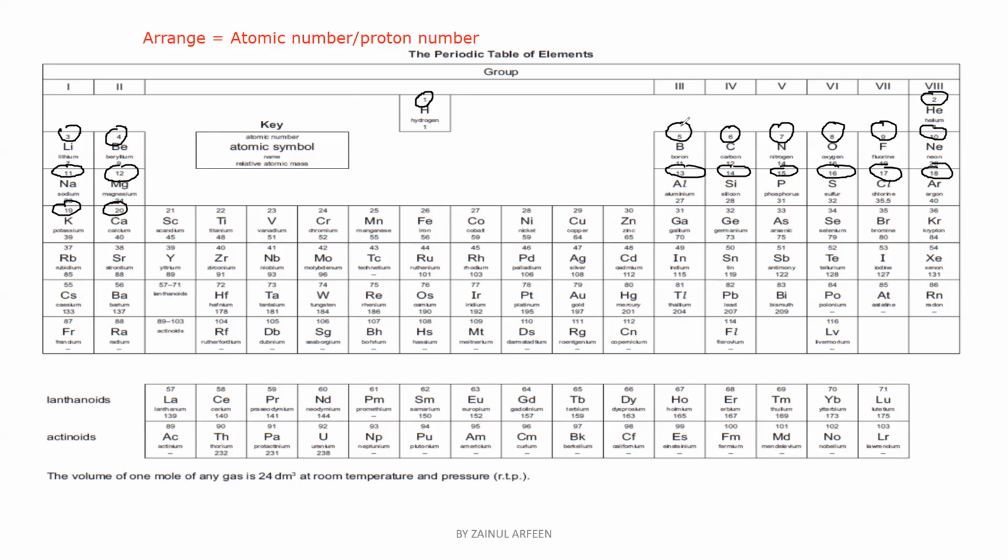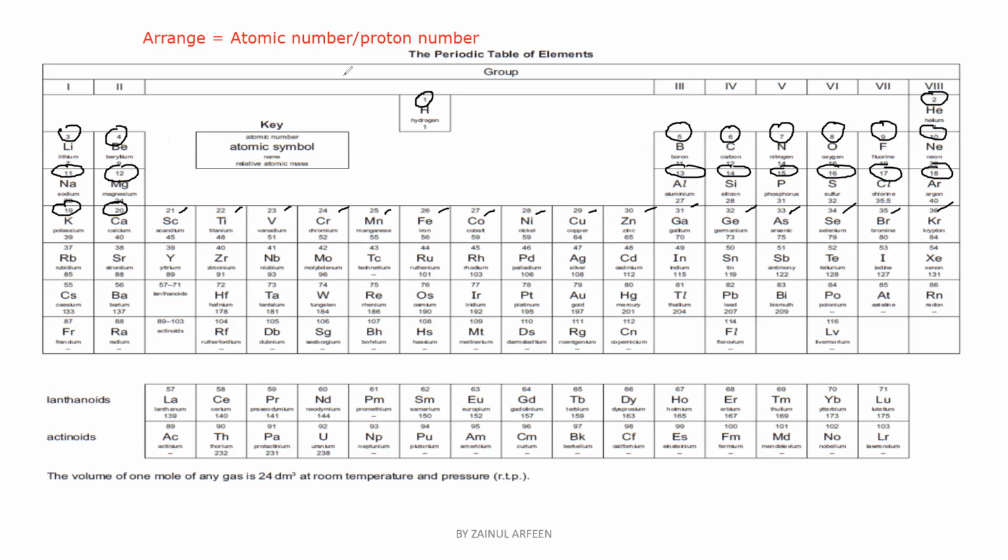As you can clearly see, these elements are arranged on the basis of proton number or atomic number, and so on. 21 scandium, 22 titanium, 23 vanadium, 24 chromium, 25 manganese, 26 iron, 27 cobalt, 28 nickel, 29 copper, zinc 30, gallium 31, germanium 32, arsenic 33, selenium 34, bromine 35, krypton 36. But the first 20 elements are important, so you should know the first 20 elements.